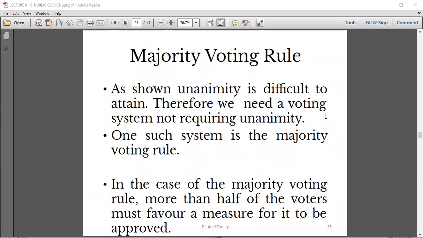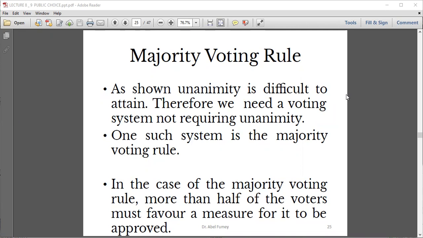All right, so we just looked at the unanimity rule, where before a choice can be made concerning a particular economic or political voting, all the people affected by that particular policy must come into agreement.